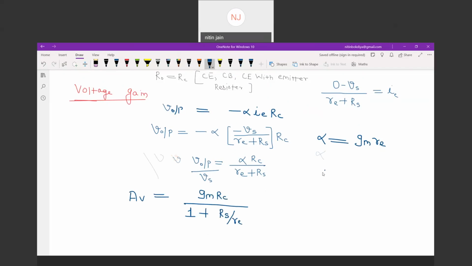Or you know that alpha is approximately 1, so you can say GM is equivalent to 1 by RE. So you can say the voltage gain of common base is equivalent to GM into RC divided by 1 plus RS into GM, which is kind of similar to the common emitter.